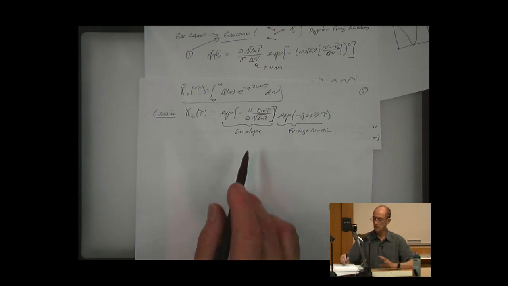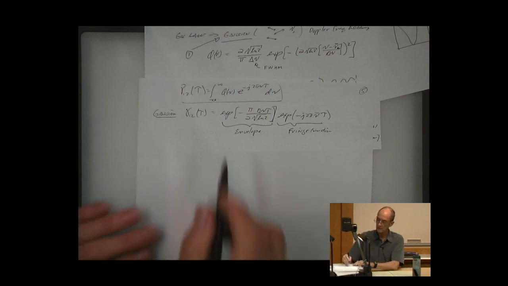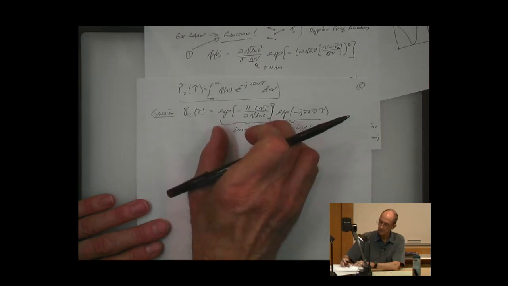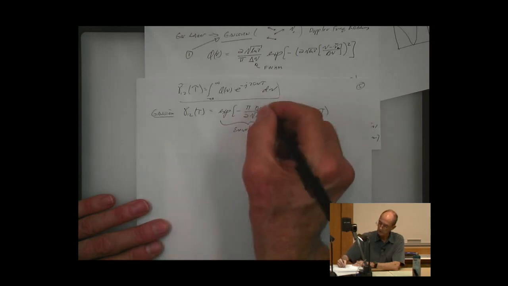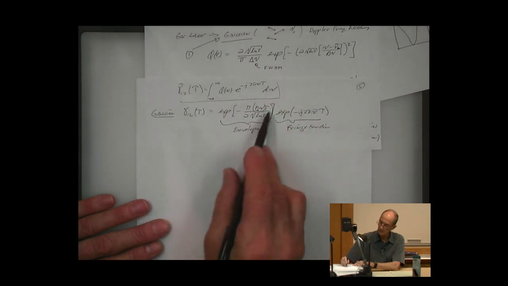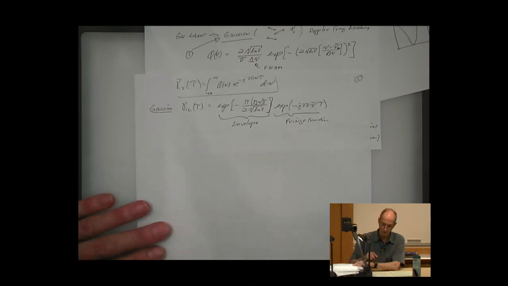Let's get back to the important thing here, looking at these degree of coherence functions for these different sources. For the Gaussian source, we have this envelope function, where the varying parameter is the spectral width times tau, and we have a fringe function as well.